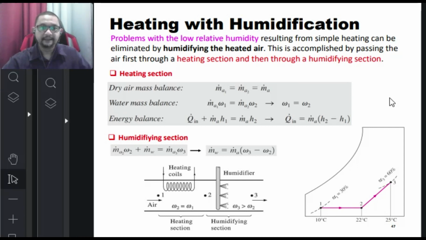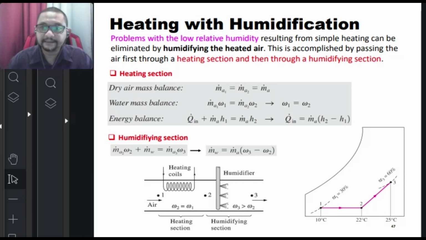Now we go to the next process, heating with humidification. The problem of low relative humidity resulting from simple heating can be eliminated by humidifying the heated air. This is done by passing the air first through a heating section, then through the humidifying section.